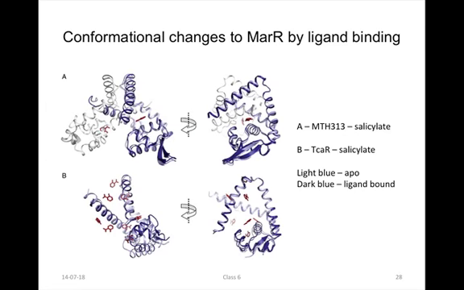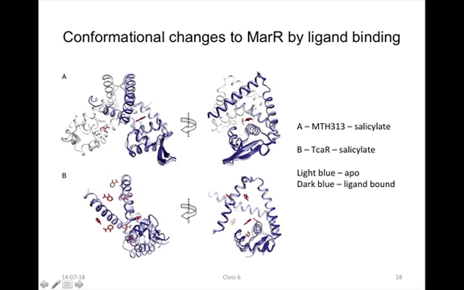Cool. And they can show this. So MarR has one homolog, MTH313. This homolog is bound to salicylate, showing the drug binding domain. And it's also done in TcaR, where the salicylate's inside of that drug binding domain.